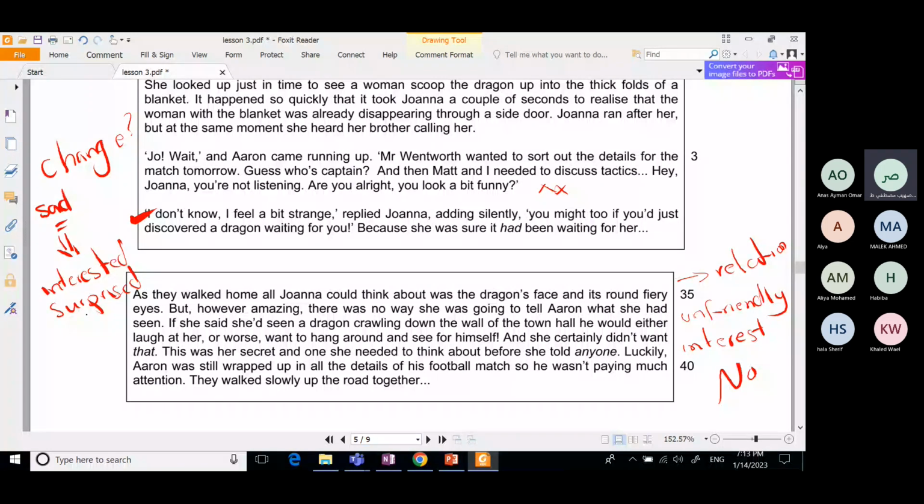She was very interested about it. And finally, Joanna found something interesting to do. That was from the very beginning. She was looking for something interesting for her to do. And now she found herself. She found the interesting thing that she needed to do, same as her brother.